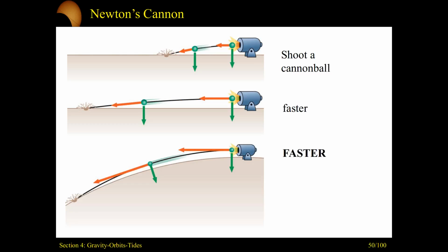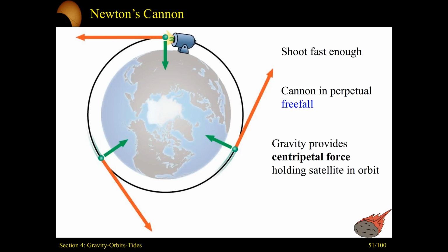All right, keep going faster. As long as you can keep going fast enough, you're going to get a greater distance before gravity causes you to crash down. So, logically, if you go fast enough, right?